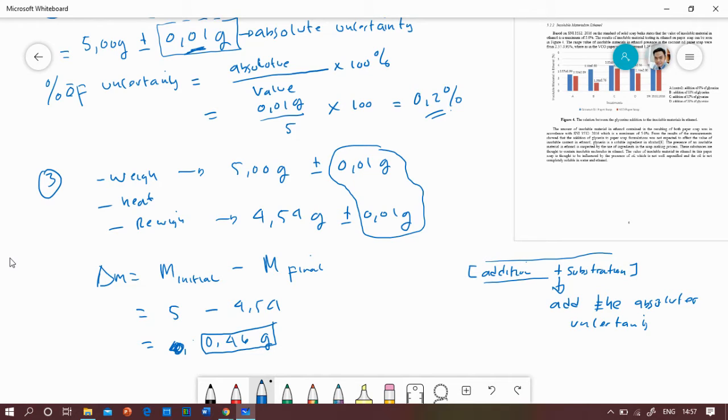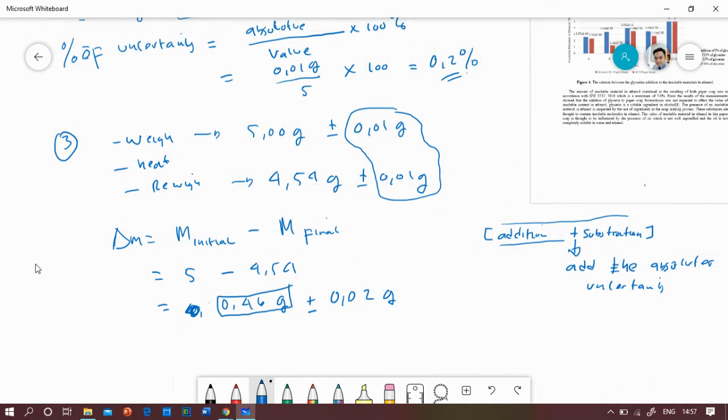The absolute uncertainty is 0.01, so you go 0.01 plus the absolute uncertainty of the weight after heating. So the total will be 0.02 grams, so plus minus 0.02 grams. Remember, when you do addition or subtraction on the values, the uncertainties need to be added as well.